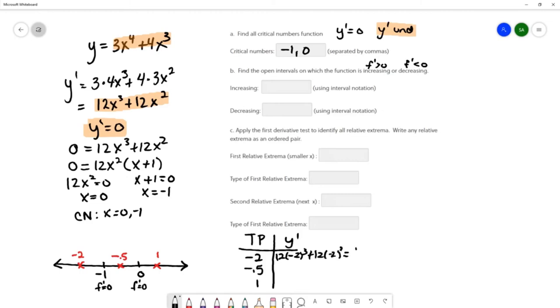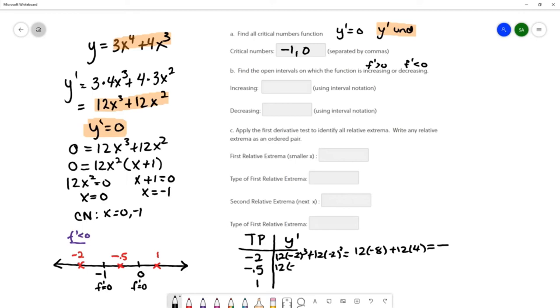So that's 12 times -8 plus 12 times 4, and that will be a negative. So in this interval, the derivative is negative, or less than 0.